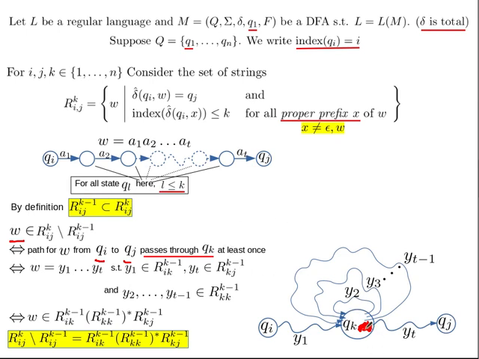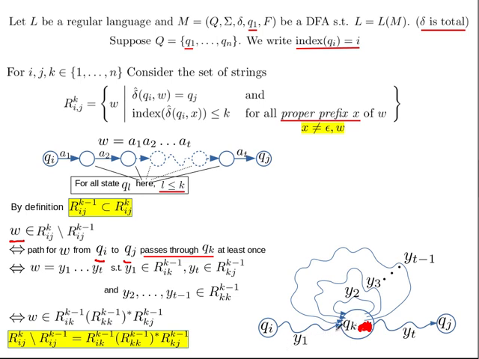So for this w, you process the symbols of w, and so far you haven't encountered qk, and at some point of time you encounter qk for the first time.